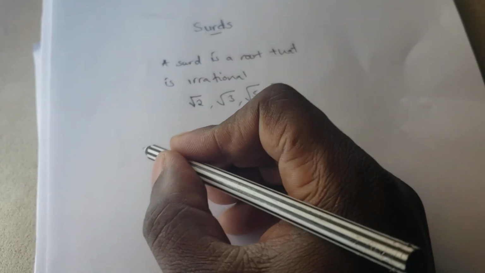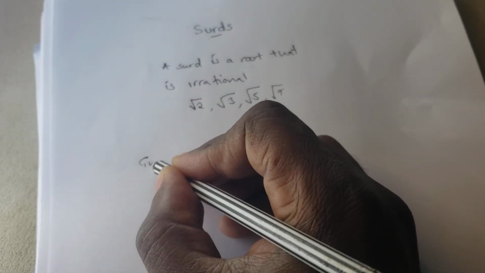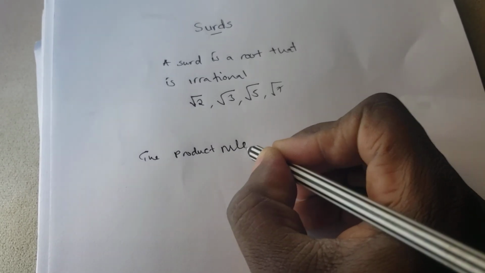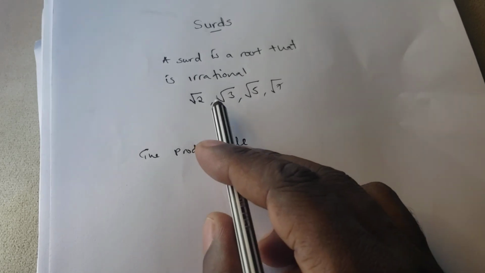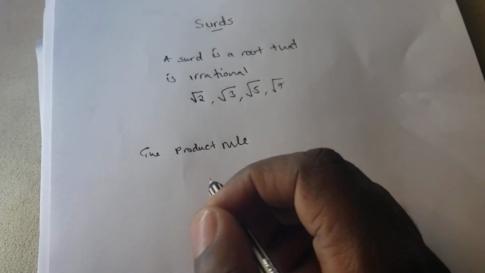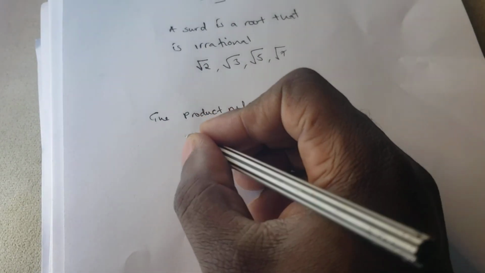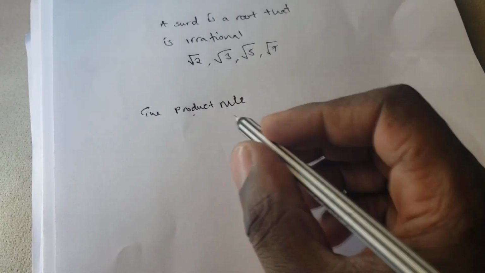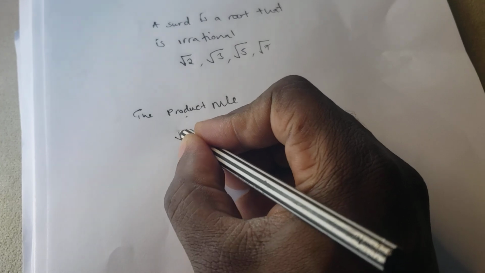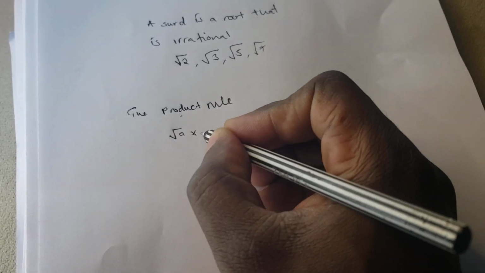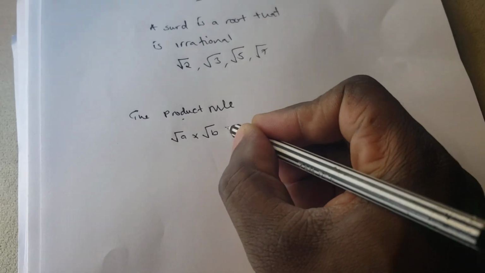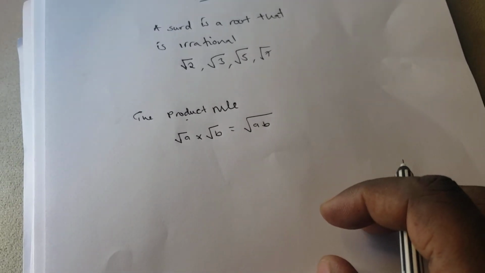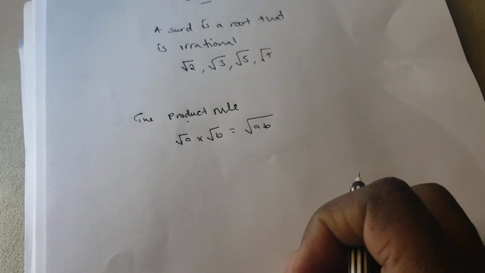With surds, when we are finding the product rule, with surds, like the way we have these square roots of irrational numbers, when we talk about the product, we're talking about multiplication. So if I say root A times root B, it is the same as root AB.